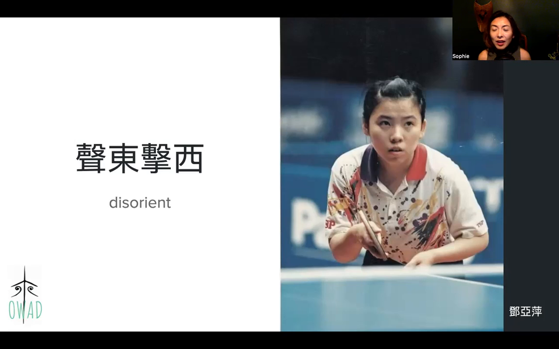Okay, and here I'm showing a picture of the queen of ping pong in China, and she probably won more championships than anybody else in China, and she was very short framed and very petite.